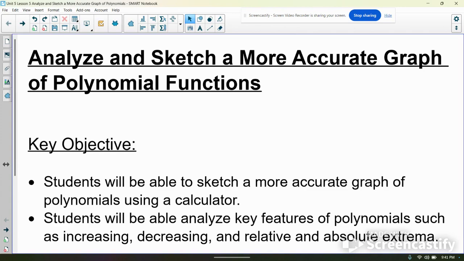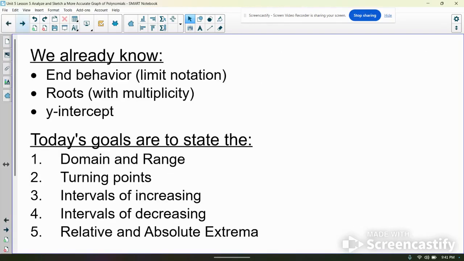So in the previous lessons, we've talked about limit notation and roots and how to graph a rough sketch. But now we're going to be able to graph a more accurate sketch.